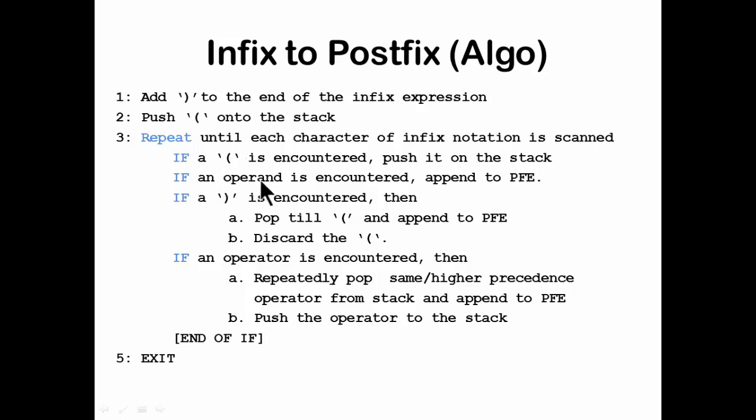Then if you get an operand, it has nothing to do with the stack, you directly move that operand to the PFE list. If you get a right parenthesis, it makes sure that until you get the first left parenthesis, every operator will be popped, but the brackets will be discarded, and appended to the PFE. If you get an operator, then you have to check and then push.